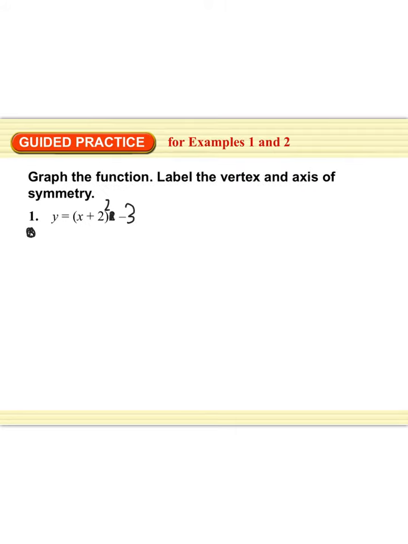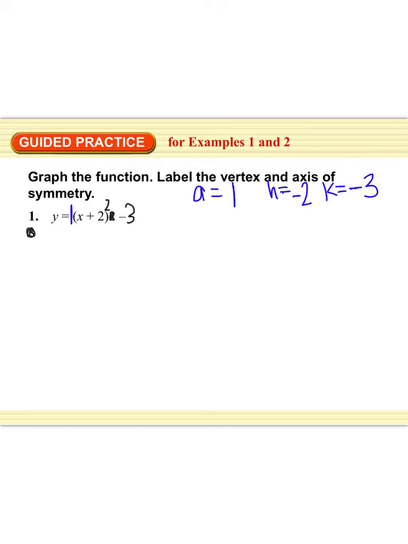Okay, so let's walk through another one together. So let's find my A, my H, and our K. So A is 1, right? There's a value of 1 out here. H, so we take the opposite of positive 2, which is negative 2, and our K, which is negative 3.